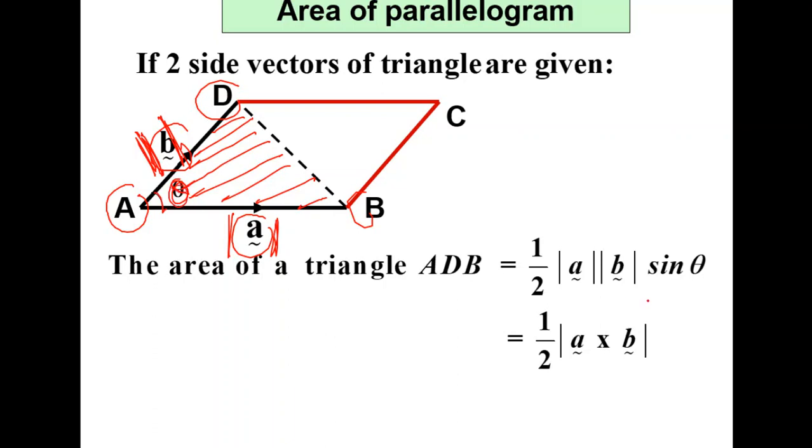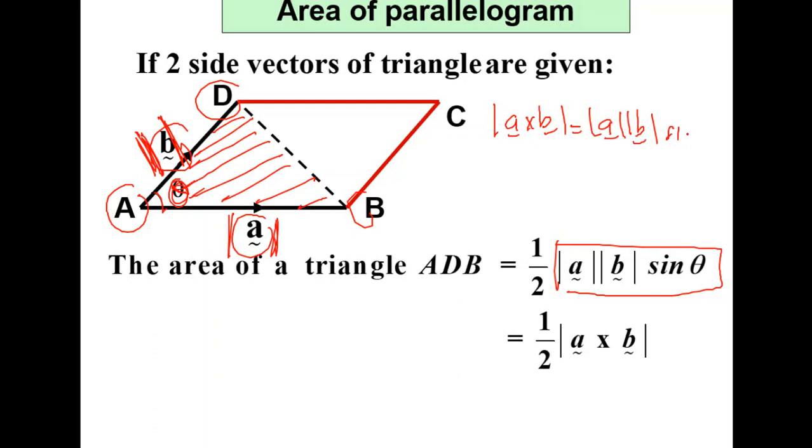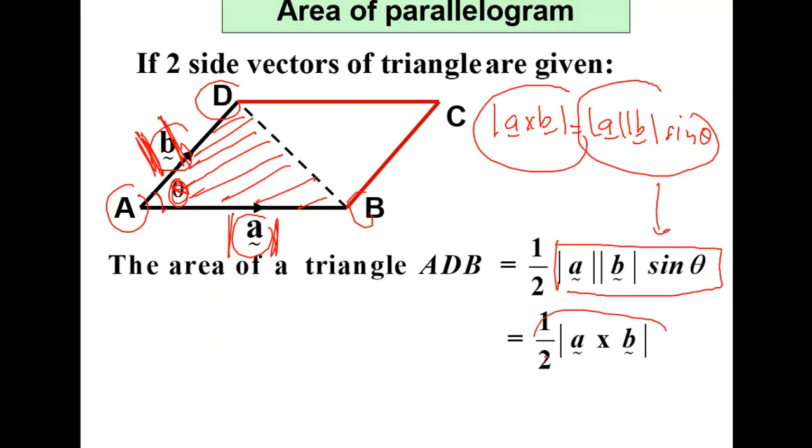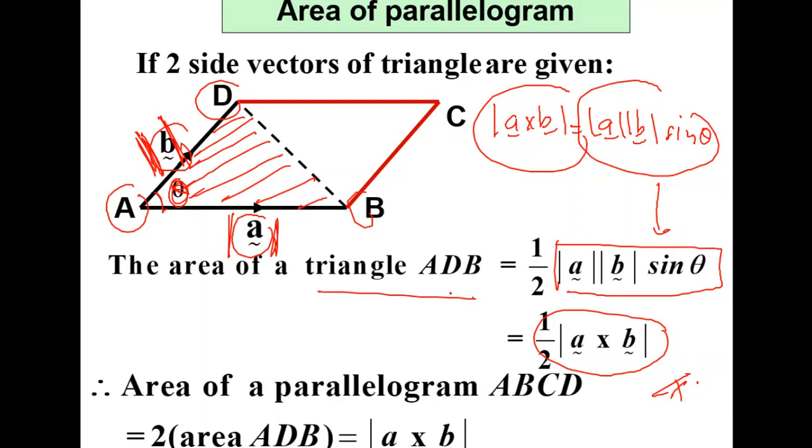Sine theta. Remember the formula: modulus of vector A cross vector B is equal to modulus vector A times modulus vector B sine theta. So this one is replaced by modulus of A cross vector B, and that is the area of the triangle ABD.